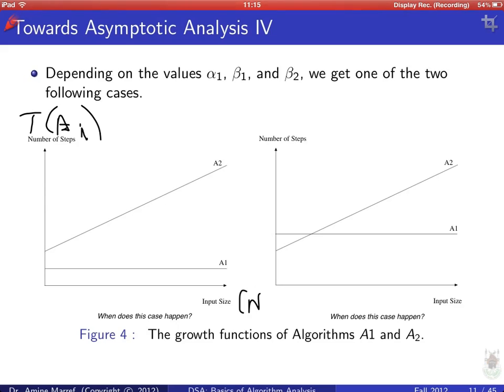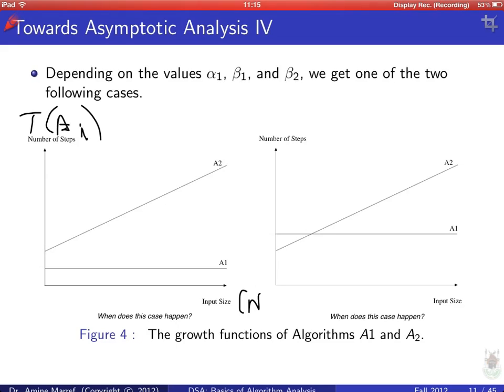Okay? I mean, let's have a look again. In this range here, the number of steps of algorithm A1 is larger than the number of steps of algorithm A2, correct? Yes. And after the intersection, the number of steps of algorithm A2 becomes larger than the number of steps of algorithm A1.